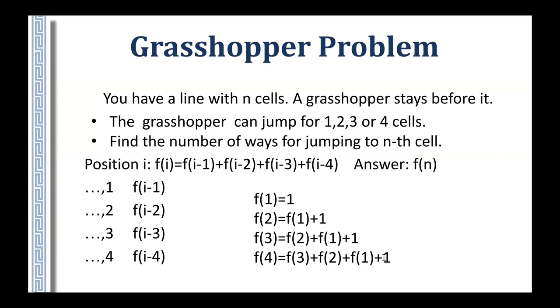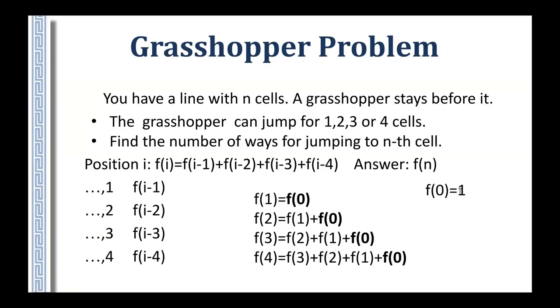Let's simplify this further. We can see that in all these positions it is 1, but here it should in fact be F0. That's why we can put F0 as 1 and get a formula like this.